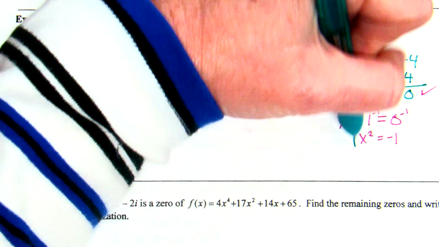So now, finish our linear factorization. If my next zero is I, how do I express I in a factor? X minus I. And then how do you do a negative I?